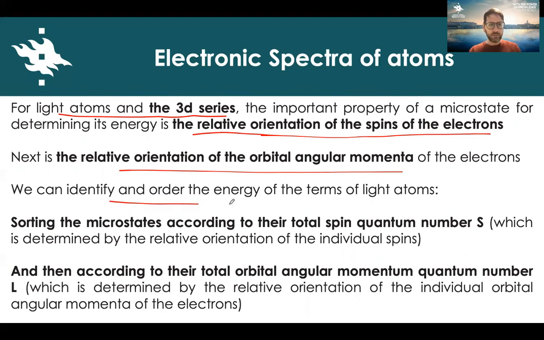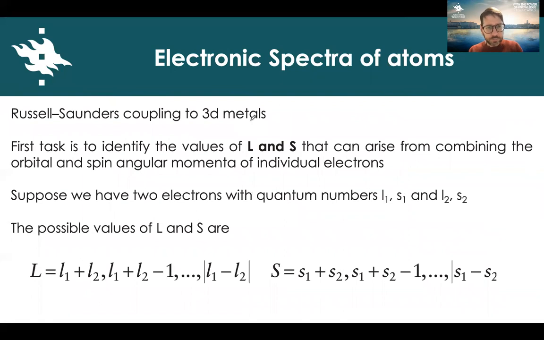So we can identify the order of energy of these terms by checking which microstates are there according to the total spin quantum number S, which is determined by the relative orientations of the spins, and then according to the total orbital angular momentum, which is determined by the relative orientation of the individual orbital angular momenta.